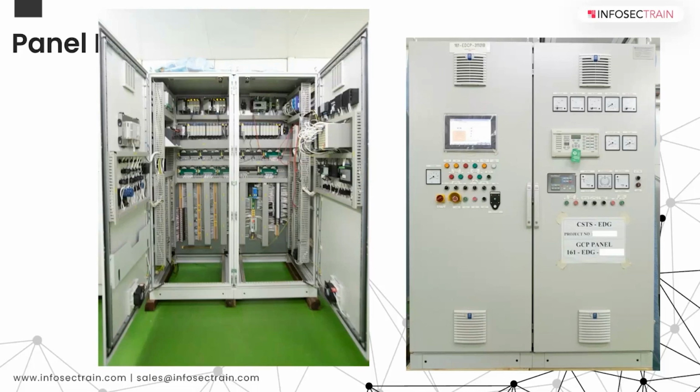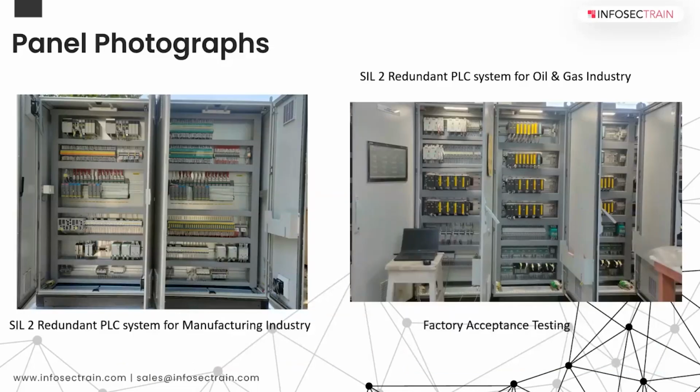So for any emergency or sudden need to check a monitor, they can do that. And this is another panel. This is still two redundant. Redundant means there are two sets of controllers instead of one. And SIL2 is the safety integrity level rating in terms of how reliably these systems can work without any downtime.